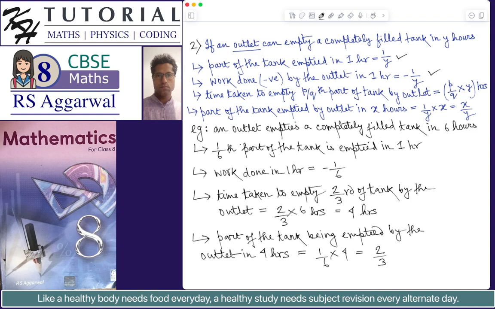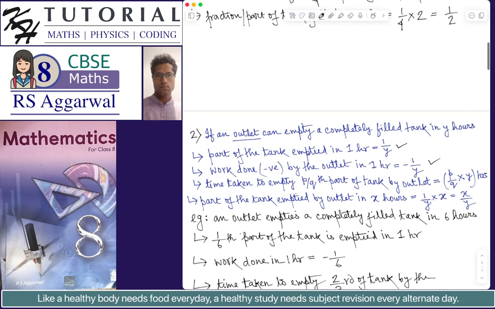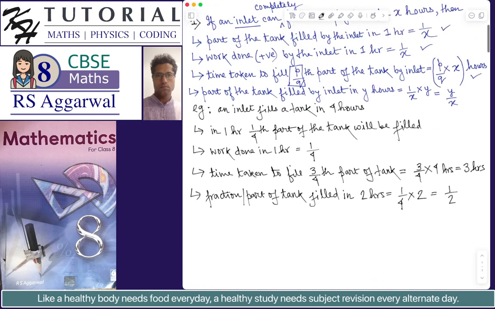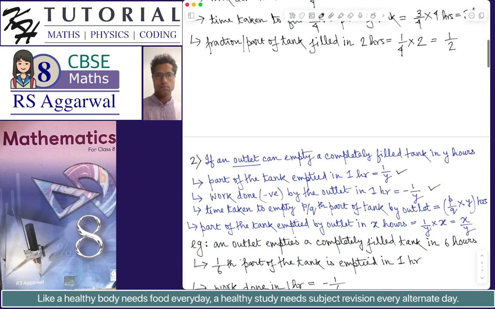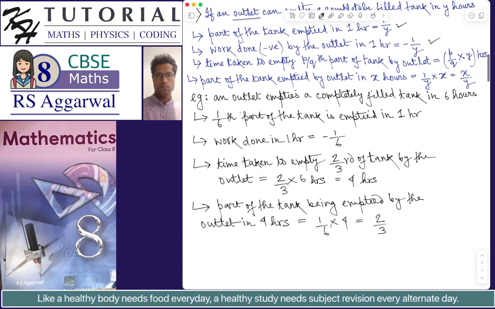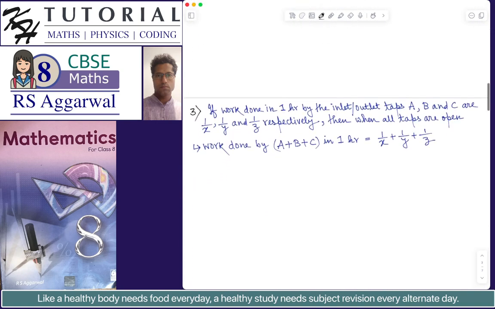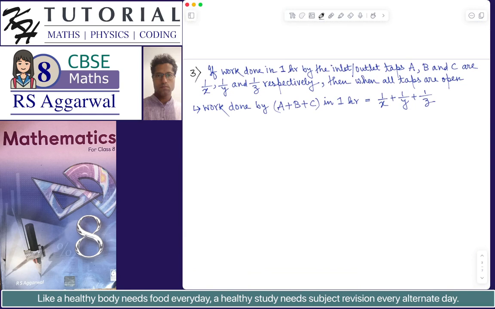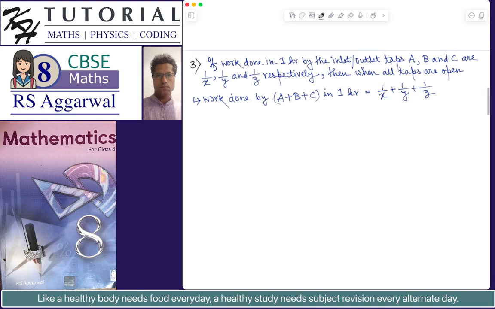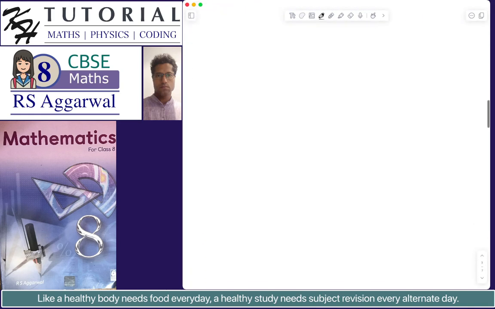I hope this example gives a better clarification of the results regarding an outlet tap. So these two rules, rule 1 and rule 2, are the fundamental rules based on which we should know and understand some derived results.